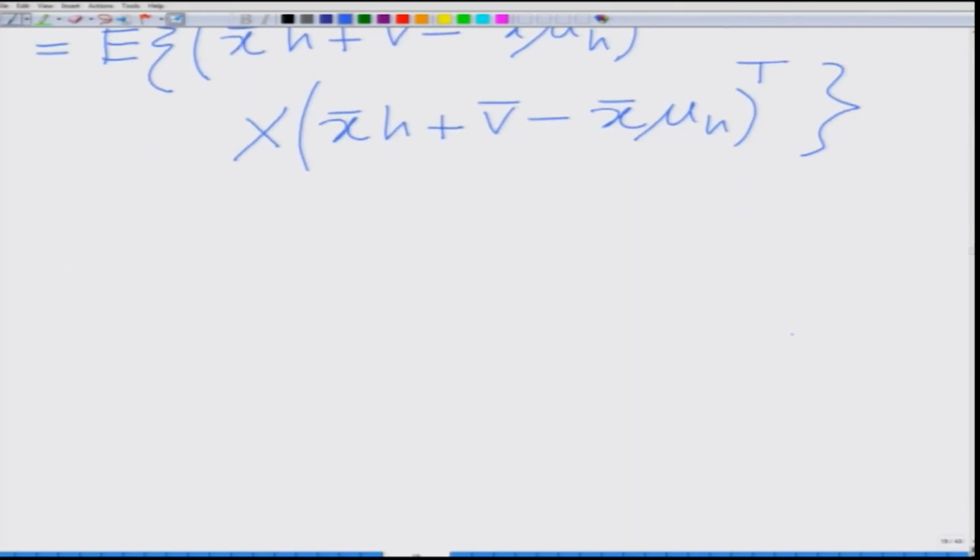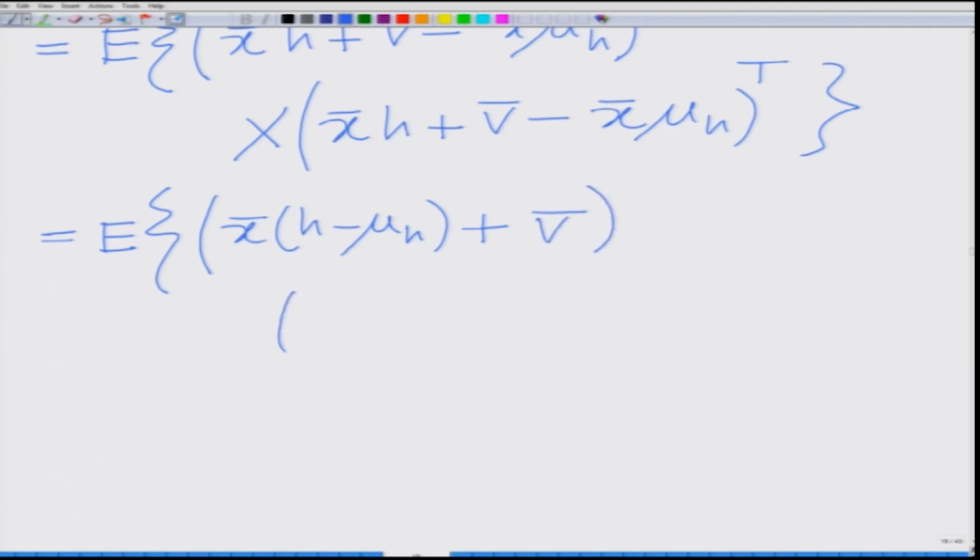Now we can write it in this fashion, which will help us simplify: x bar into h minus mu h, just removing the mean of h, that is mu h, from h, plus v bar, times x bar into the same thing, h minus mu h plus v bar, transpose.